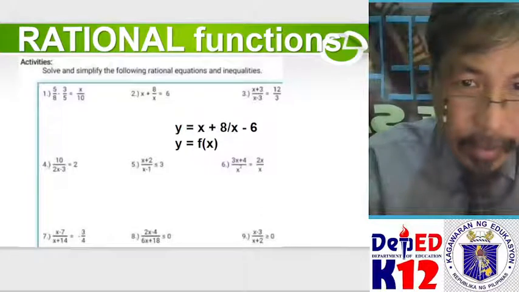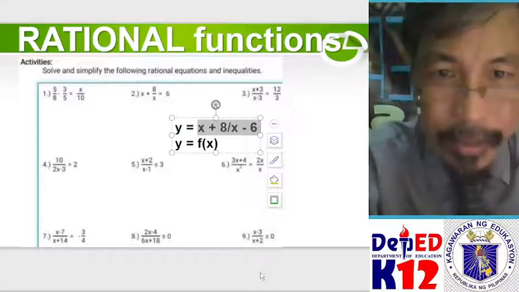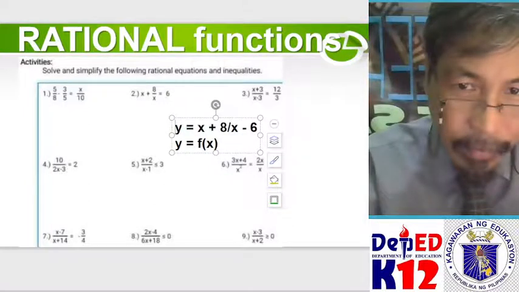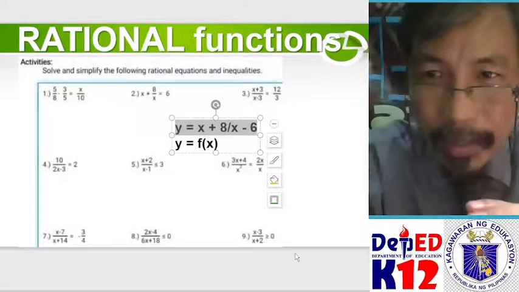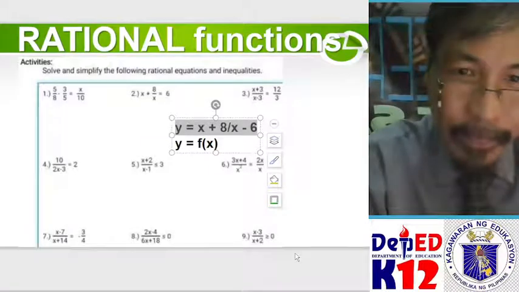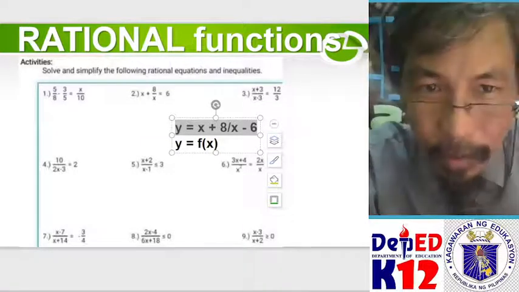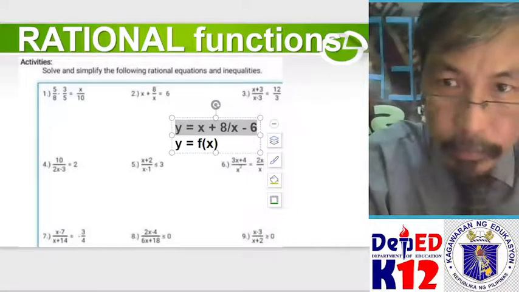This expression in gray is not an equation; it is a function. What is the equation? This is the equation, because it has an equal symbol. Because it has an equal symbol, it is called an equation.